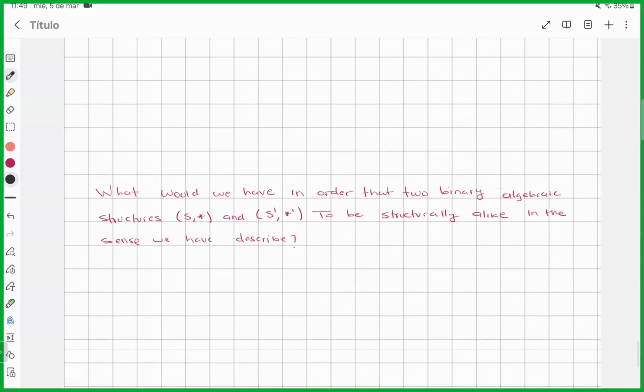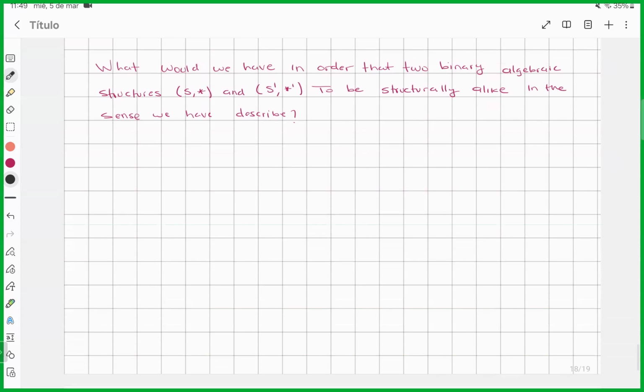A binary algebraic structure is a set S together with a binary operation asterisk on S.